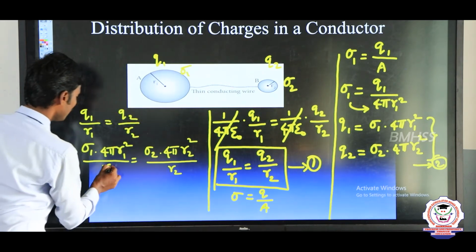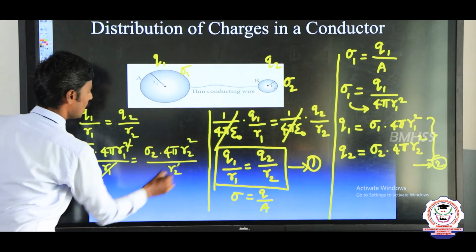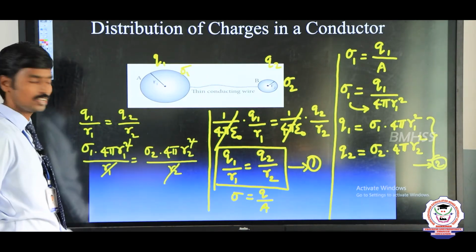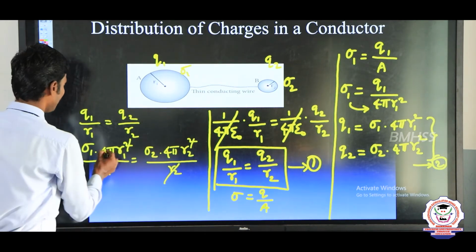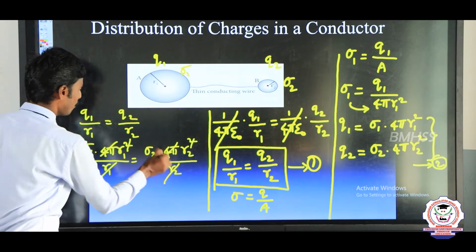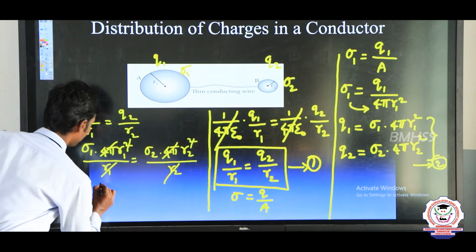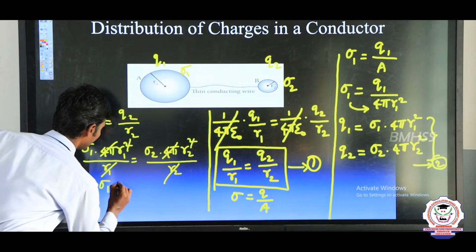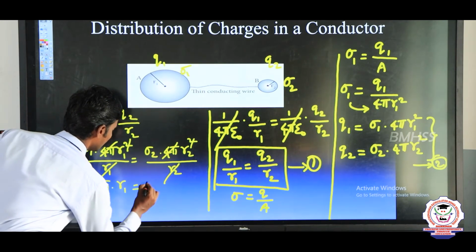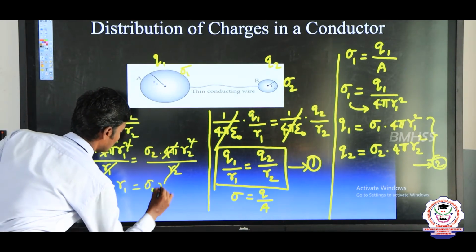So here R1 square cancels, R2 square cancels, and 4 pi cancels on both sides. The remaining terms: sigma 1 into R1 equal to sigma 2 into R2.